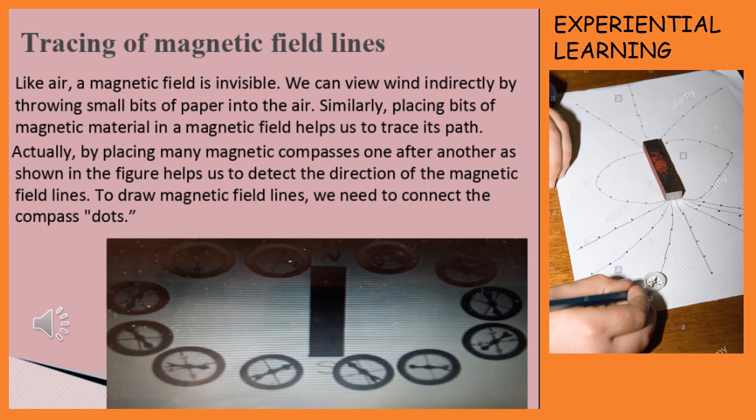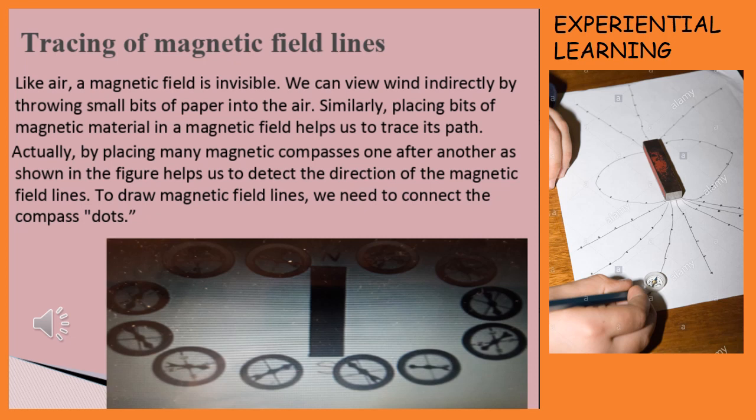Now we are bringing one small magnetic needle near the north pole of the magnet. We'll see that the north pole of the magnetic needle will be repelled. So we are taking a pencil and putting a dot at the north pole of the magnetic needle.